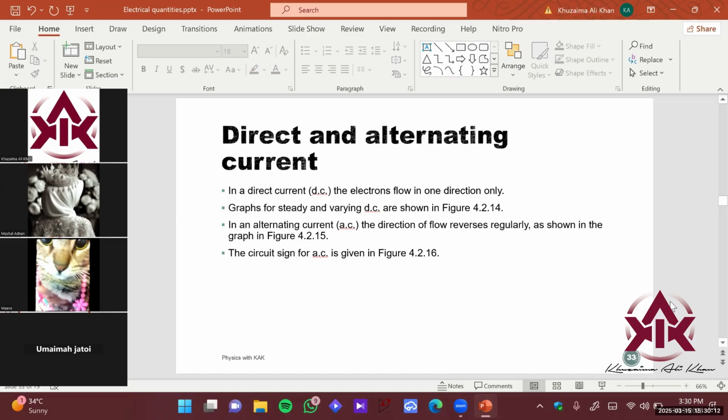Can anyone quickly give me a summary? What sort of electricity comes to a house? Is it direct? Is it alternating? It's a very simple question. What electricity type comes into your house?